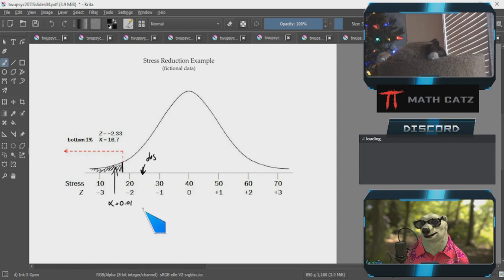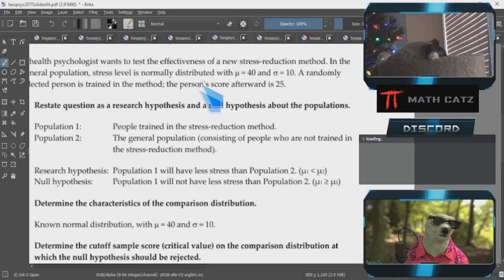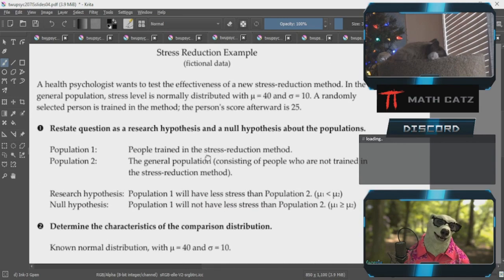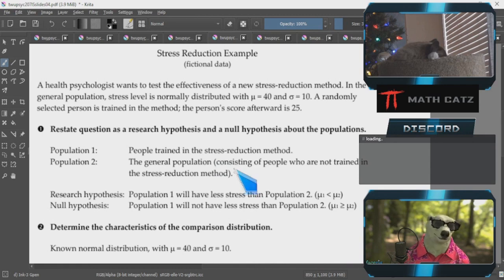So the point here with this example, you have to go through the process again, and you'll see the same words and the same thinking come up, but you just see something that has left tail as well. Now, in certain cases, in this one, we were quite confident, for whatever reason, that scores will only be lowered by the stress reduction method.